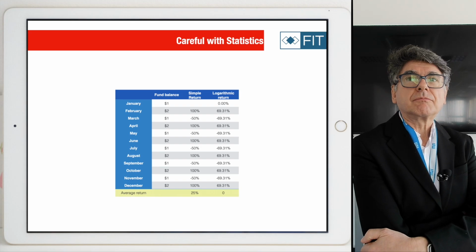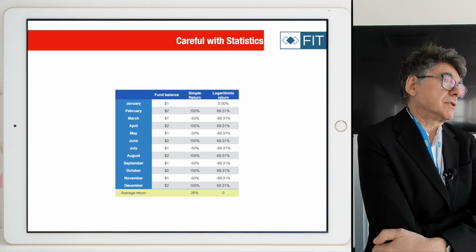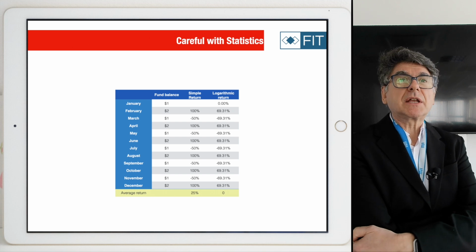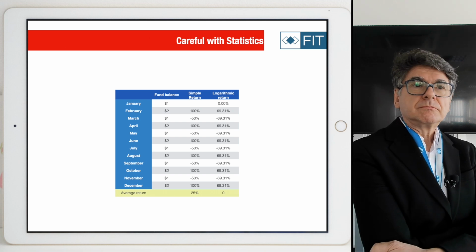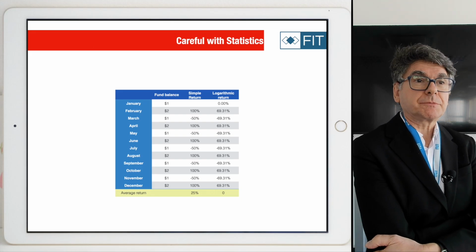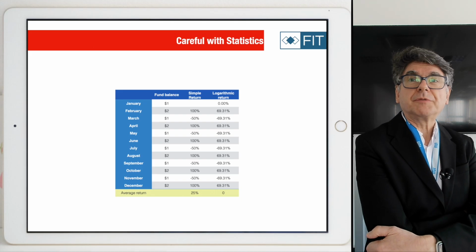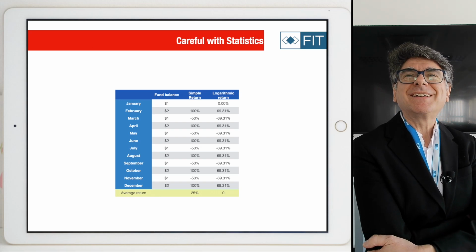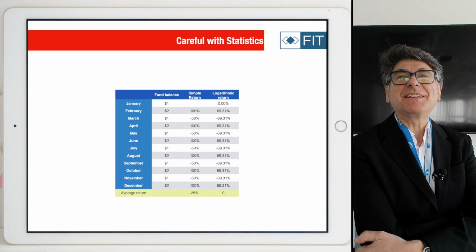Sounds good. What if I didn't show you the numbers and I just told you, I have a fund that produces 25% per month on average? Would you invest? You would invest. I can sell this fund to everyone.